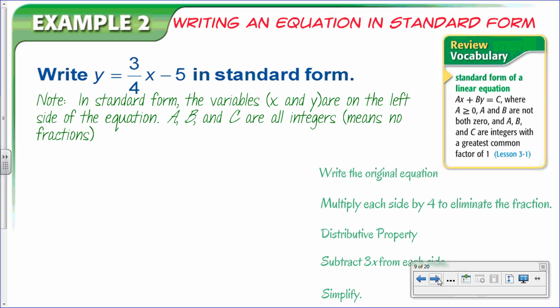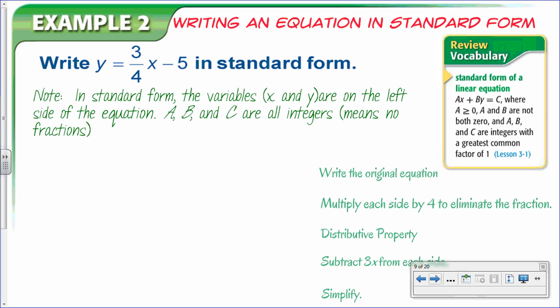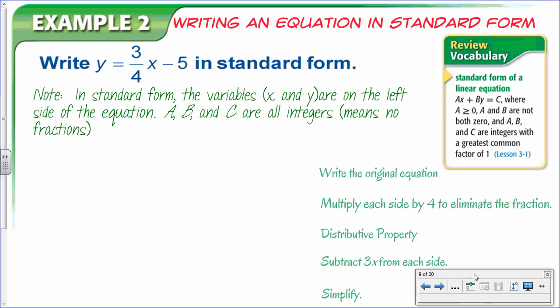Okay, example 2. All right, make sure you write the information down. This is probably one of the harder ones to kind of grasp what's going on, but we'll get through it. Okay, what form is it asking me to write it in? Okay, what form is it in now? So finish that, right?